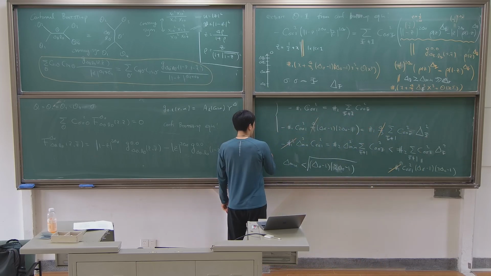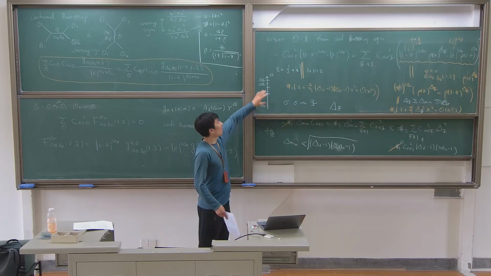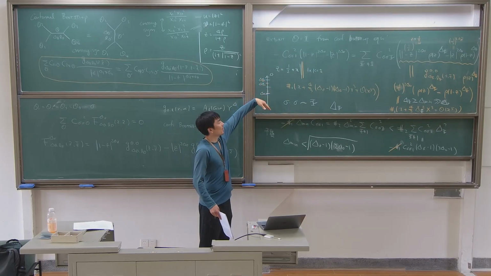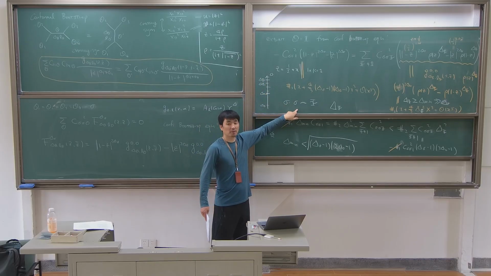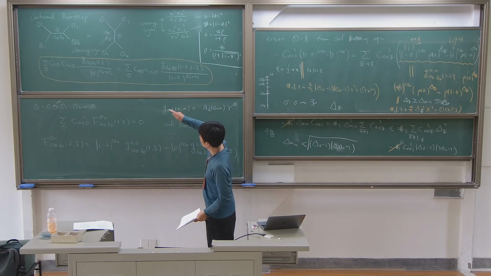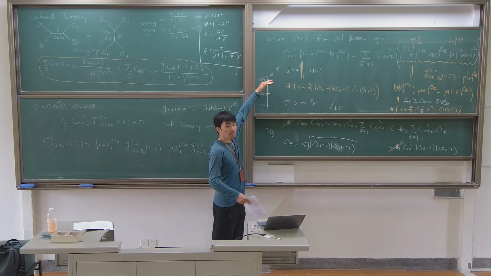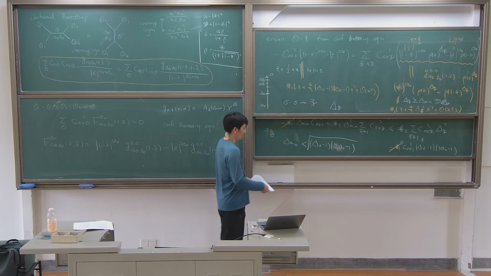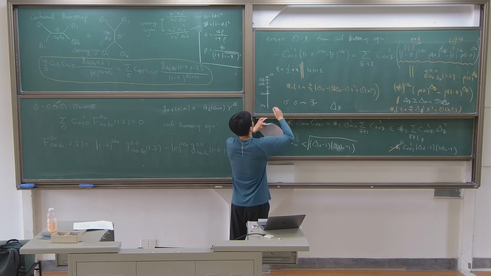Therefore, if you do the OPE calculation of the conformal dimensions that appear in the OPE of sigma and sigma, the conformal bootstrap equation tells us there must be an upper bound. The situation cannot be like this way; it has to be something like that. So this is not true.